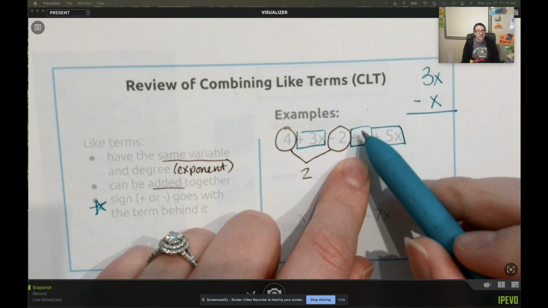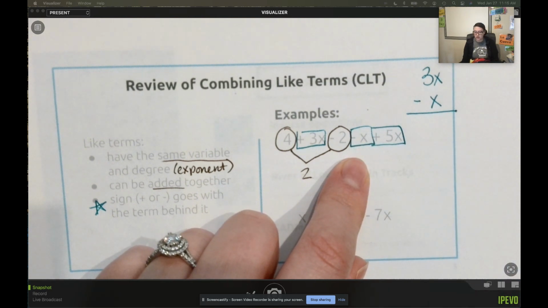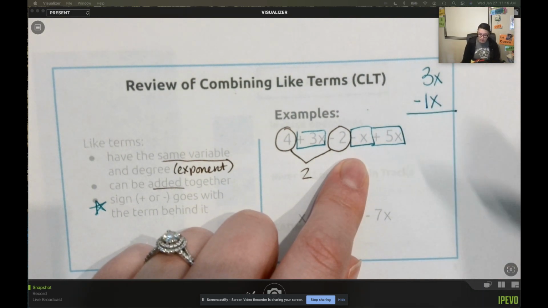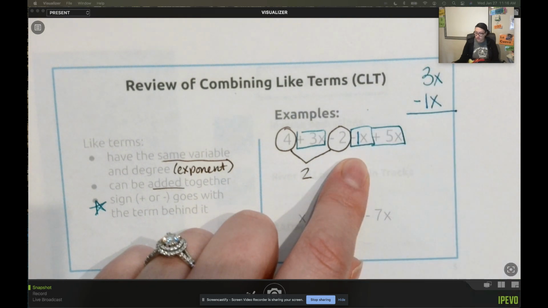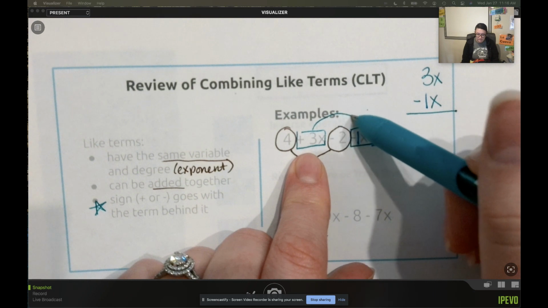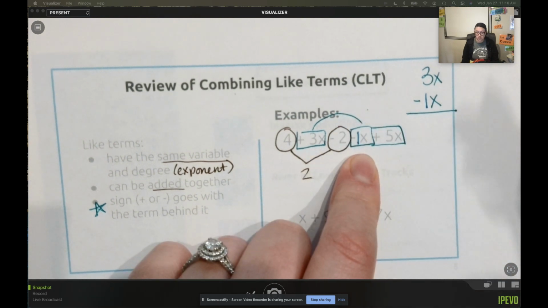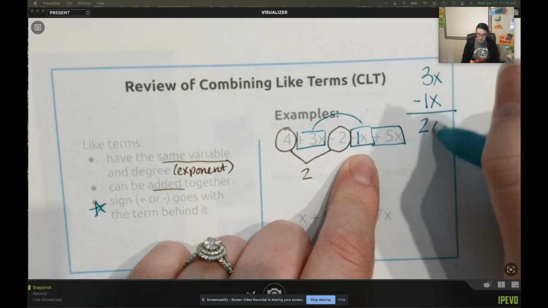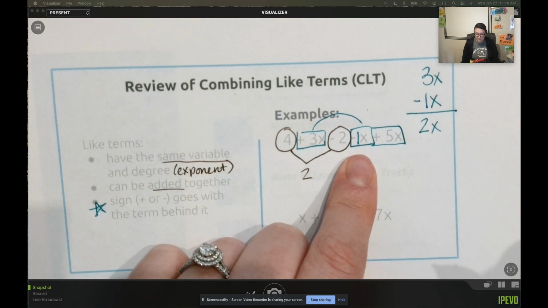We talked that there's like an invisible number that we write in there. That's really there, but we're lazy math people, we don't write it. Remember, they have invisible ones. There's really an invisible one there. So I really have 3x minus 1x, which is going to give me 2x's left.